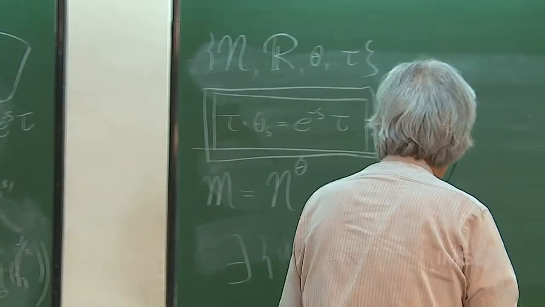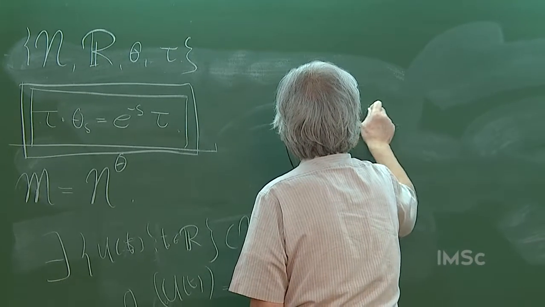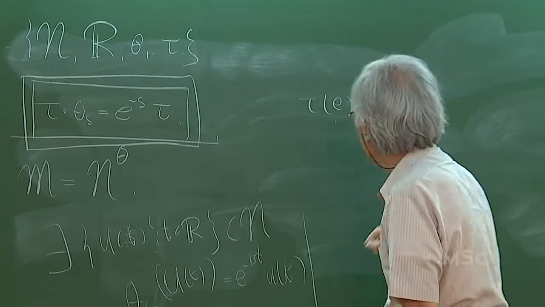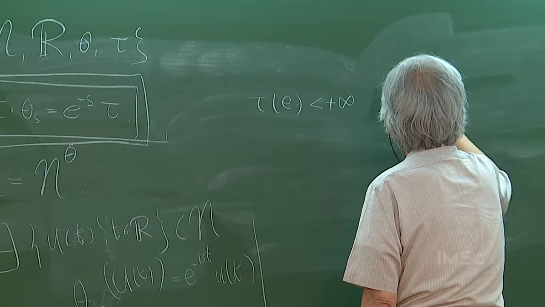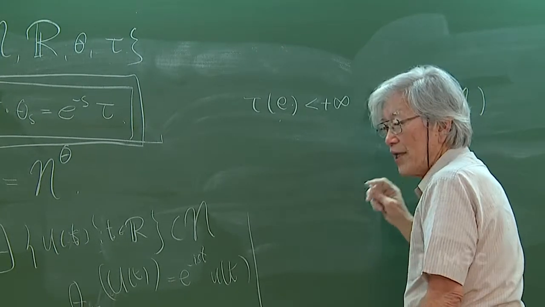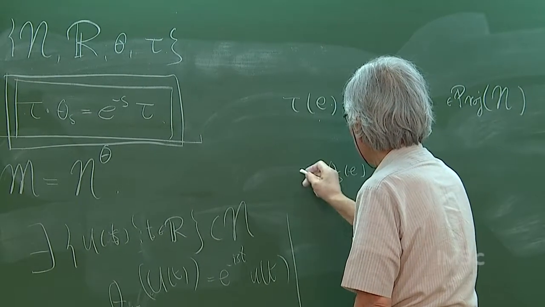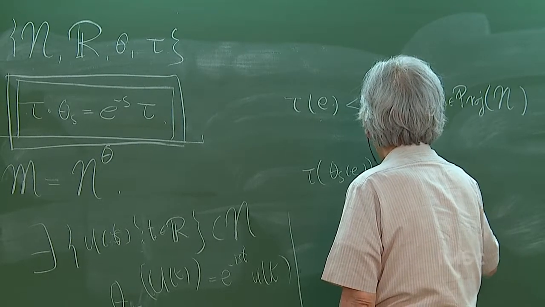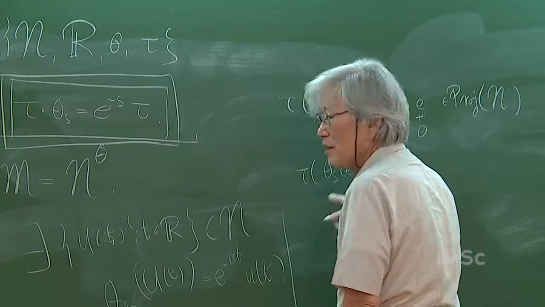First, fix a non-zero projection E. Then the trace of theta S of E is e to the minus S times the trace of E, so this is less than 1.